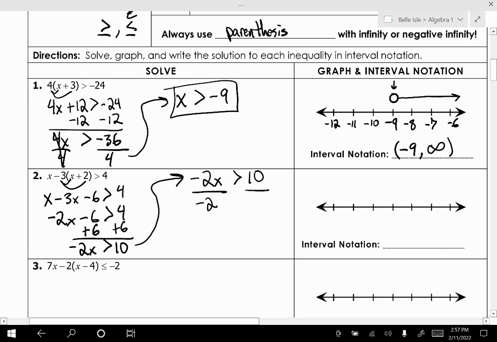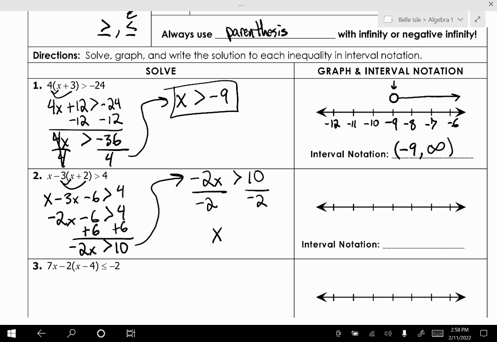Divide by negative 2. Okay, so I told you that solving these is the exact same as solving equations, except for one special exception today. That exception is when you're at this step right here and you have to multiply or divide by a negative number across the sign.